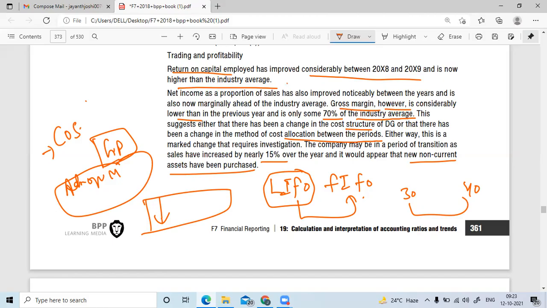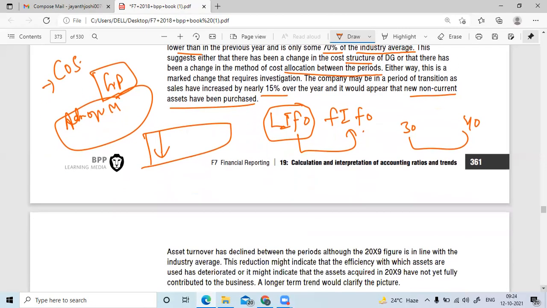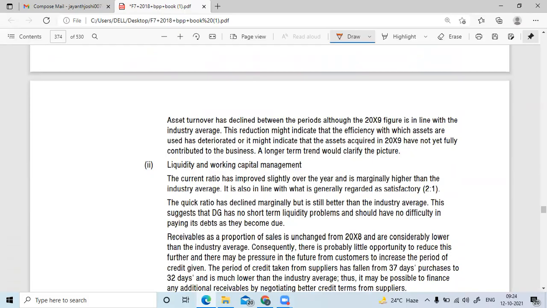They have to spend money, correct or wrong? Yes, sir. So they are doing some transition, and they have purchased some new non-current assets, but considering all those facts, the costs have been high. That is what I am assuming is more of the reason for this gross profit decline. Okay. Next one.